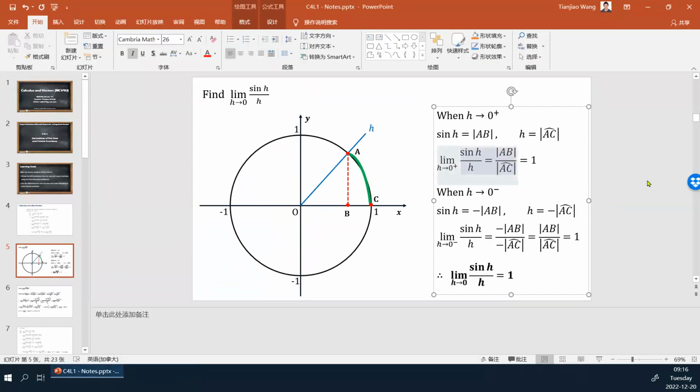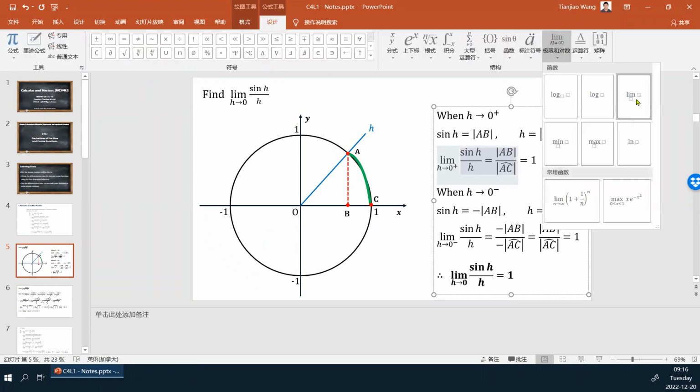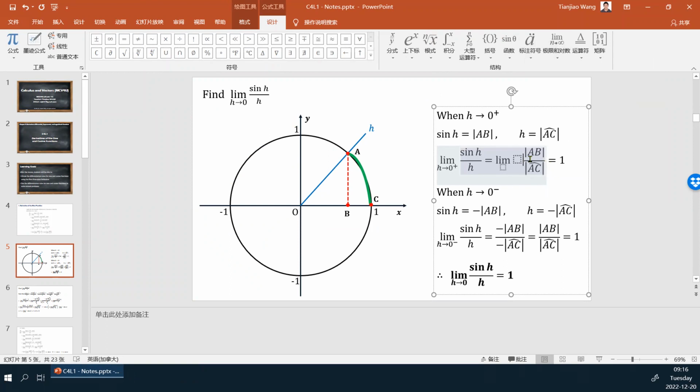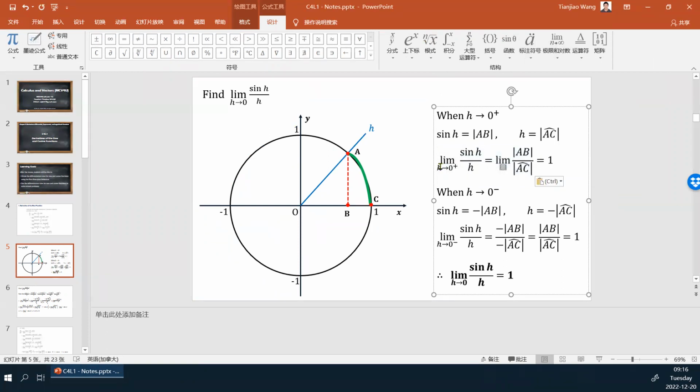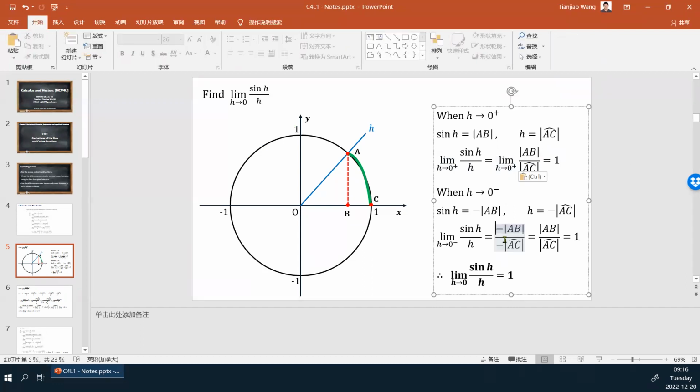Also, let's correct this a little bit. There should be a limit symbol here. As h approaches positive. So here also we should have a limit symbol. Do not forget that.